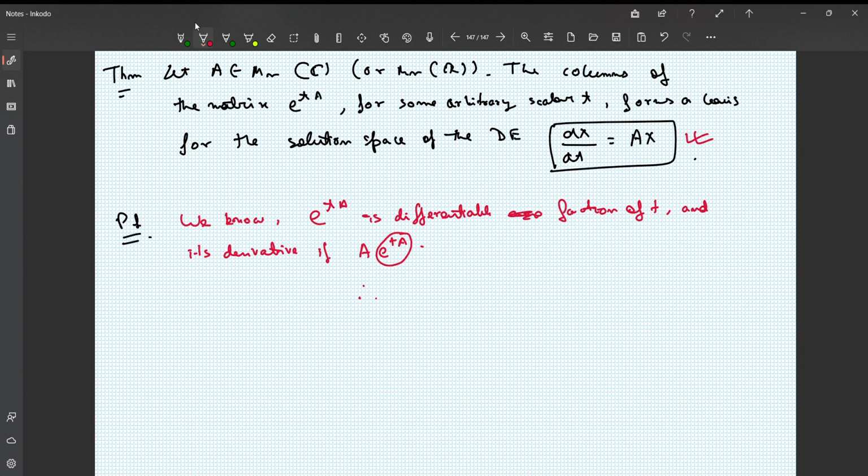Therefore, the columns of e to the power ta evidently solve the given differential equation.